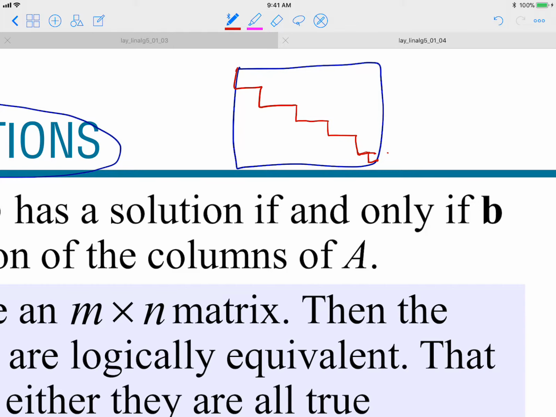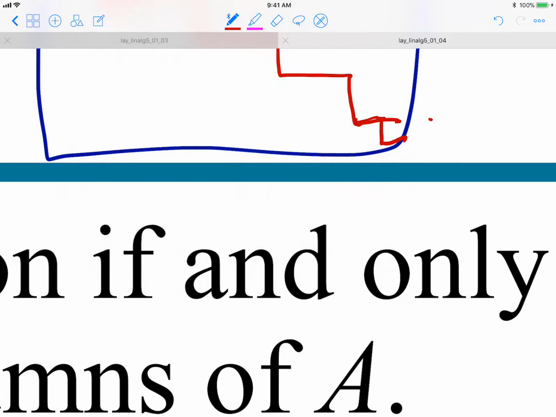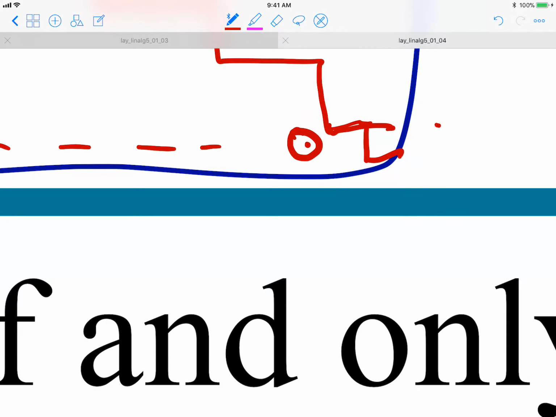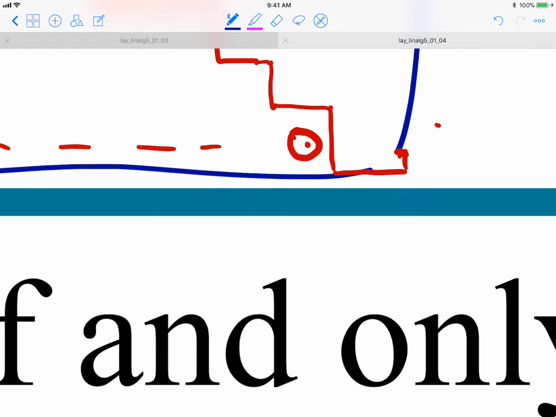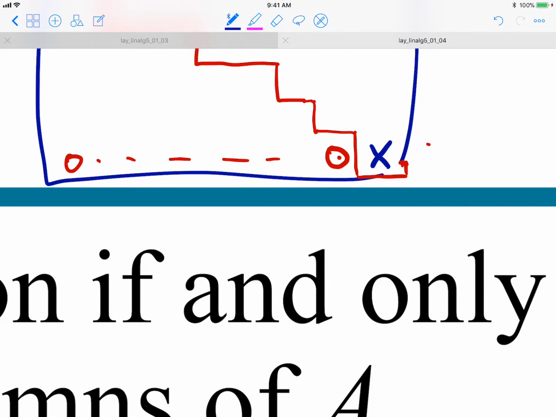Then in somewhere in our echelon form, if we see rows like all zeros, except for a non-zero entry in the last column, in this case we can see that we have no solution.